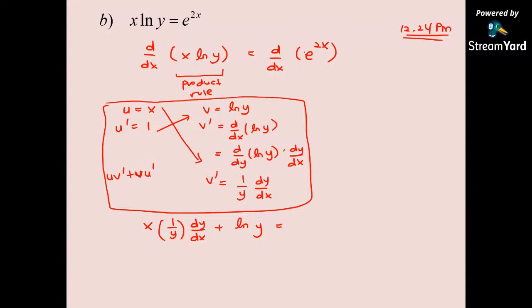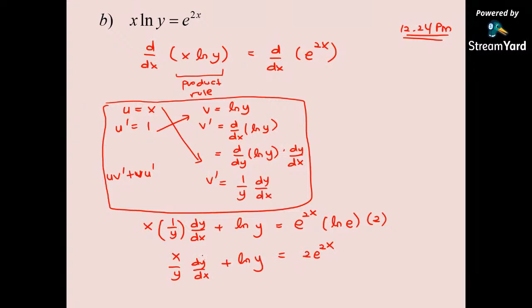Equal to, so differentiating the exponent, we're going to copy down the exponent, ln of the base, so ln e, and differentiate the power, so we are going to have 2. So this is 2e to the 2x. And we have x over y dy over dx plus ln of y equal to 2e to the 2x.